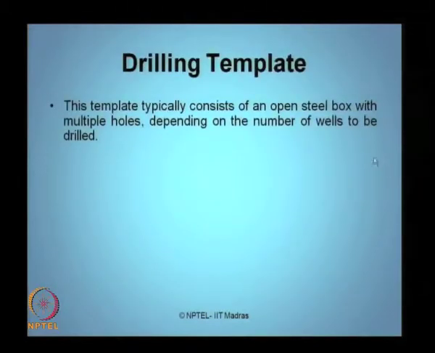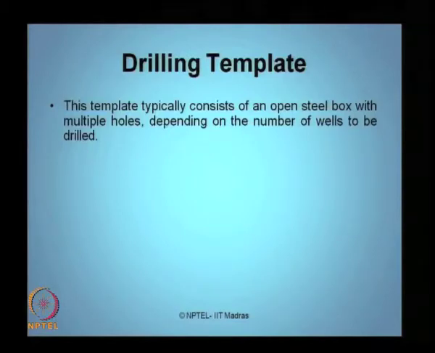This template typically consists of an open steel box with multiple holes depending on the number of wells to be drilled. So, it is nothing but a layout of a steel frame which has different kinds of holes. All these holes indicate probable locations of the holes to be drilled in the deep sea.